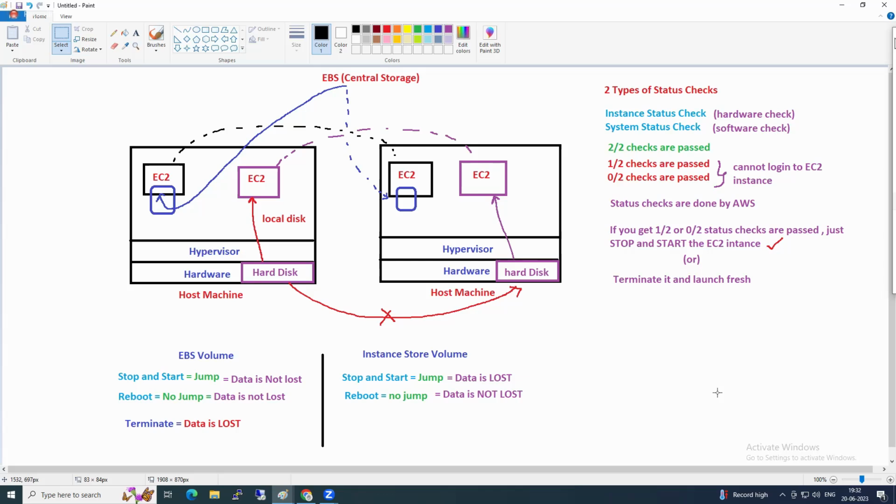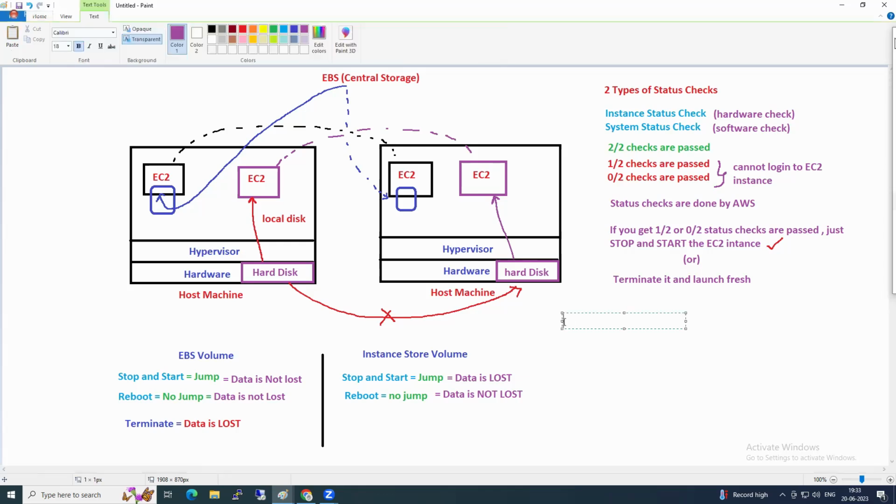But will you use it? I'm just giving you information. If you have a chance, and you don't have data which is critical, go for it. So write down: EBS volumes are network drives with good but limited performance. I'm not saying limited performance meaning it won't give good performance; it will give good performance.